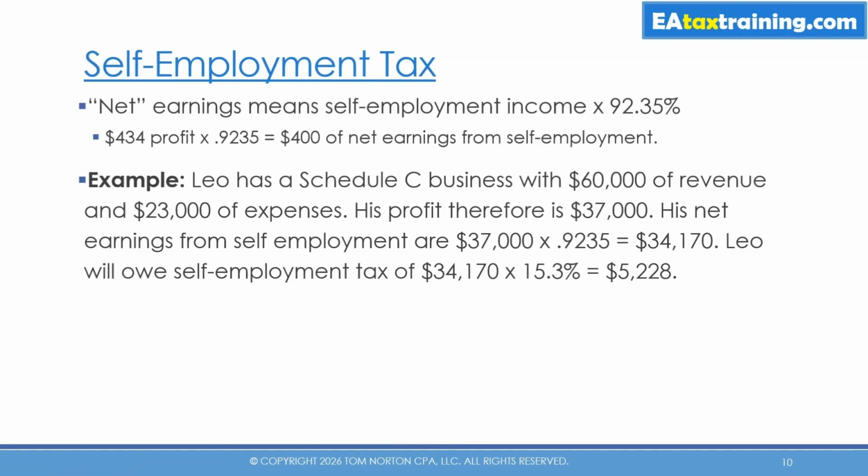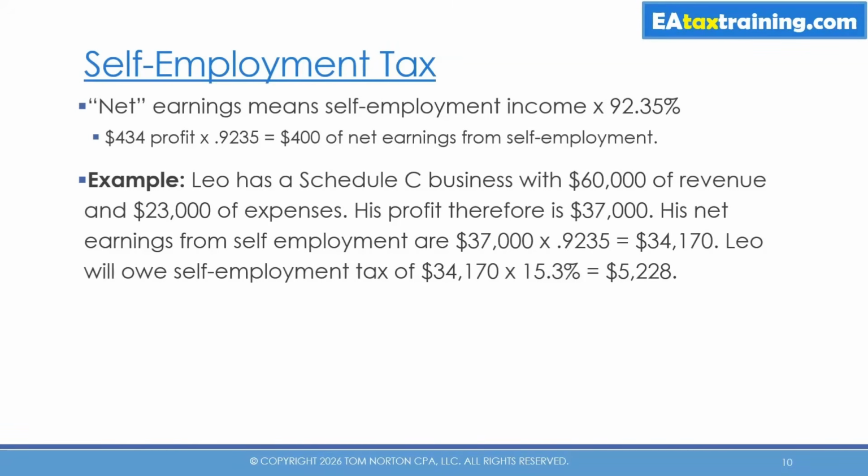So to revisit our calculation, when we say net earnings from self-employment, what that means is your profit and loss from Schedule C times 92.35%. So for example, Leo has a Schedule C business with $60,000 of revenue and $23,000 of expenses. So his profit on his Schedule C is $37,000.